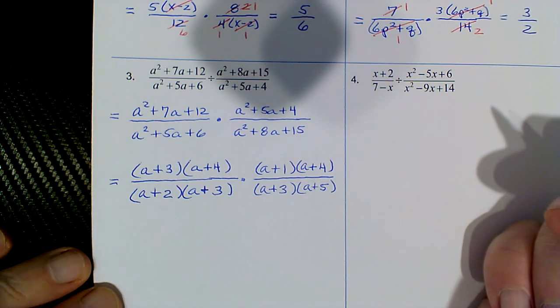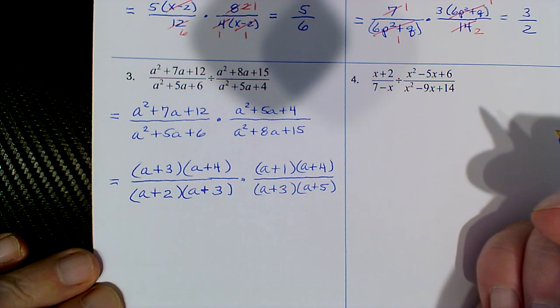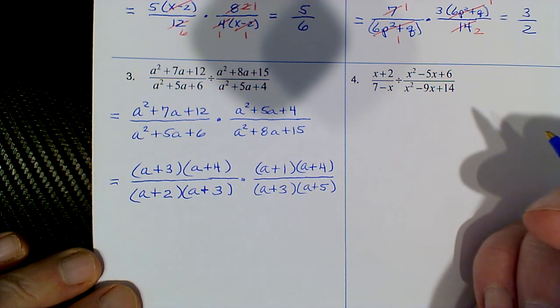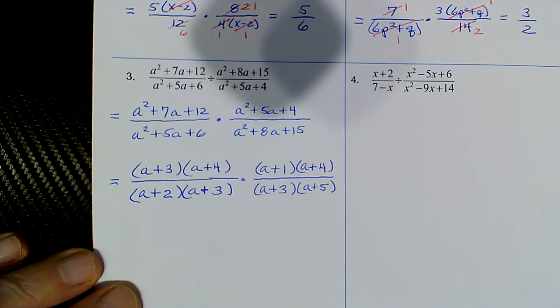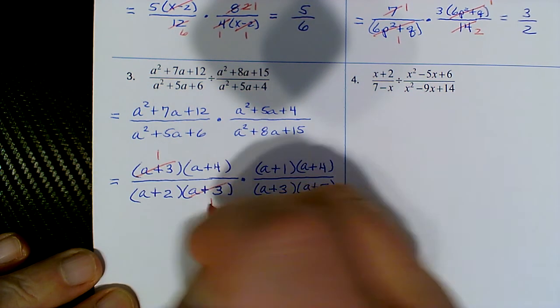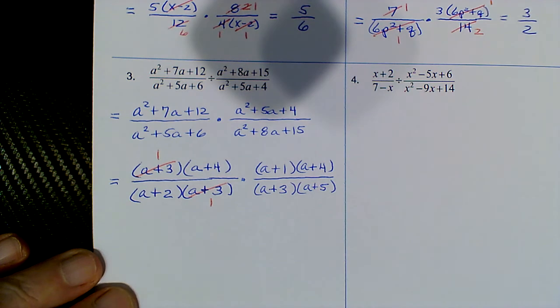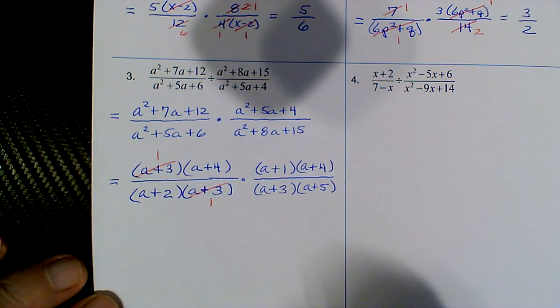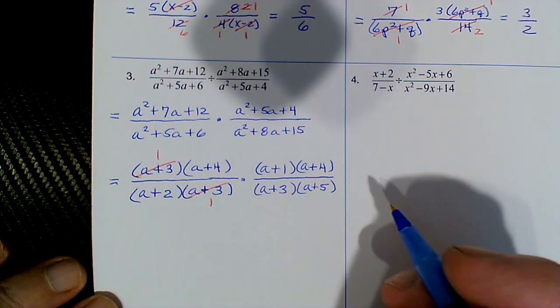Okay, so we typically see cancellations, and there's not much going on here. The only things that actually cancel are this a plus 3 with this a plus 3, or you could cancel the other a plus 3s. Everything else stays, so that's just the way it happened.